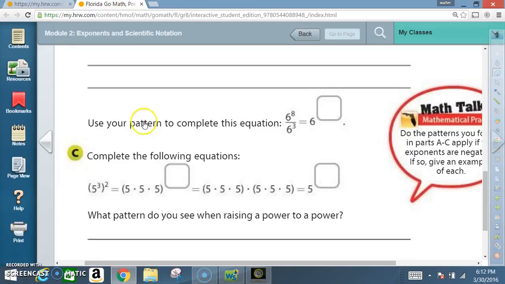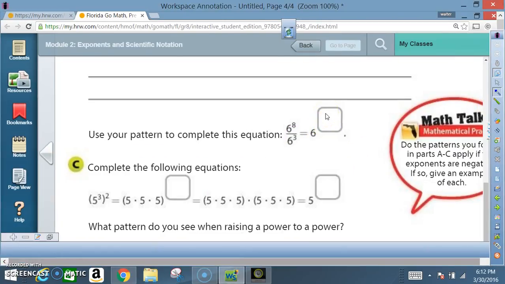Okay, let's complete this problem. We got 6 to the 8th divided by 6 to the 3rd. We are dividing, our bases are the same, so therefore we subtract. What's 8 minus 3? That's going to be 5.